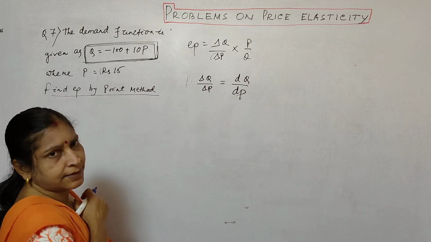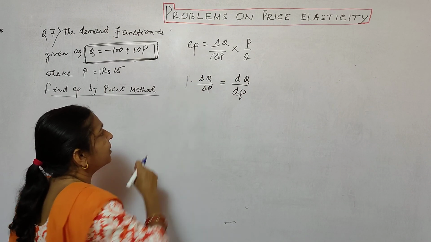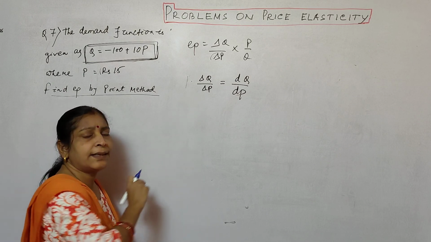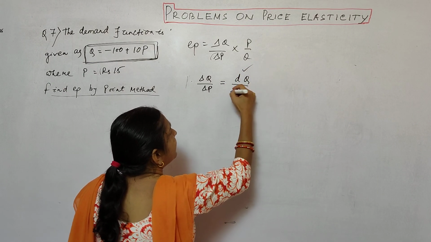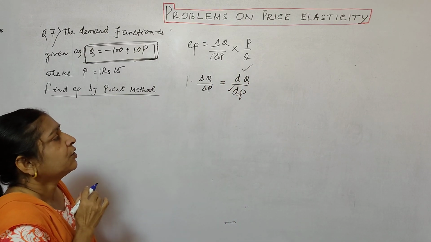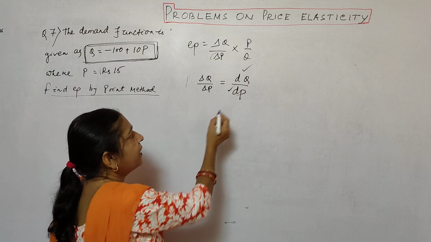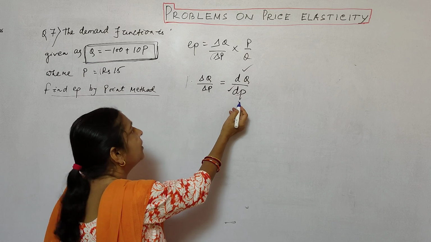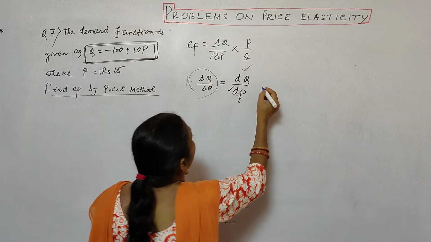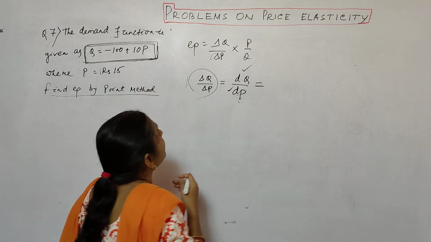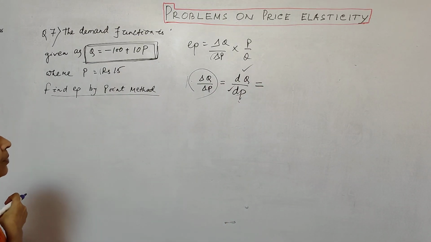Delta means change: delta Q means change in quantity, delta P means change in price. In mathematics, d means change. So we have put dQ by dP instead of this.